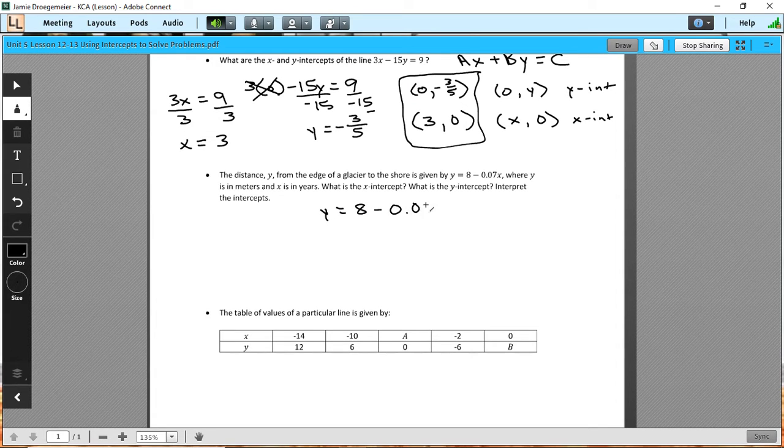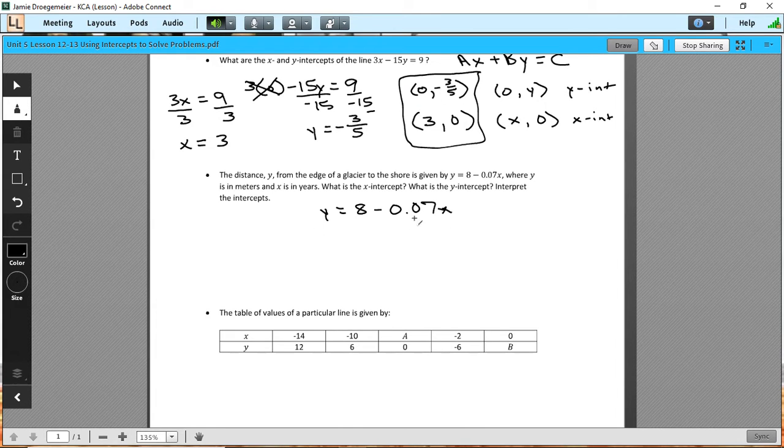Hopefully you're noticing that that is in slope-intercept form, where y is in meters, so that's our distance in meters, and x is in years, our time in years. We want to find the x and y intercept here, and then also interpret what they mean.